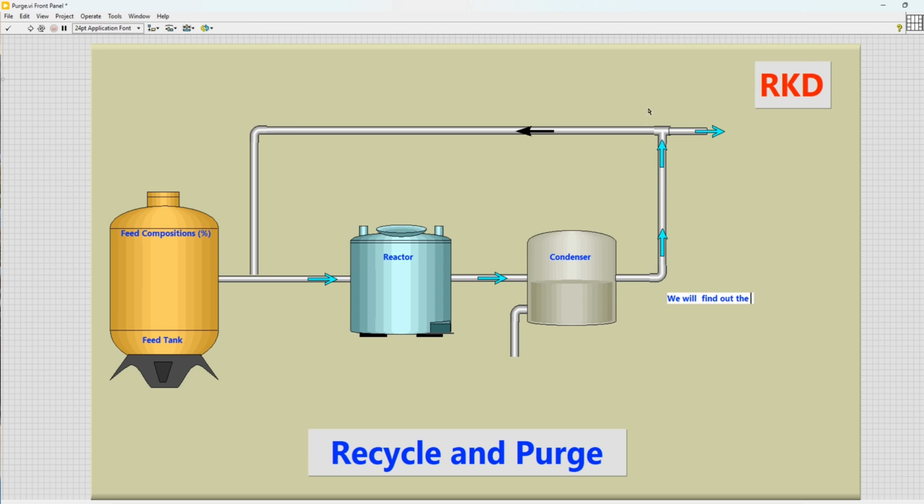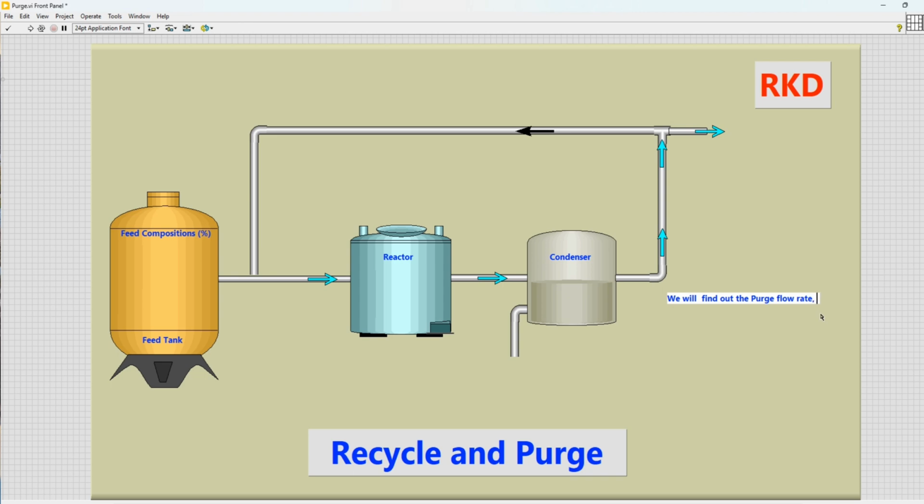Here we will find out the purge flow rate, that means the substances which we are purging out from the stream coming out of this condenser.